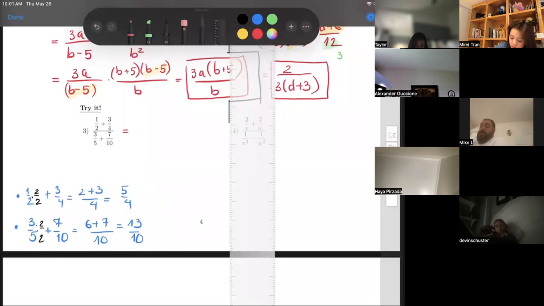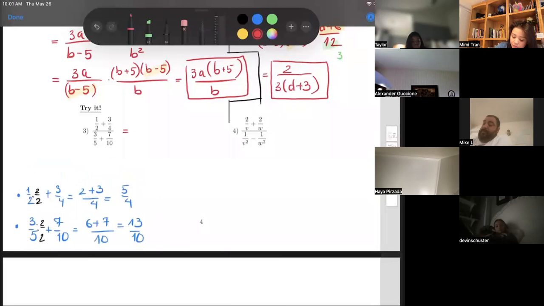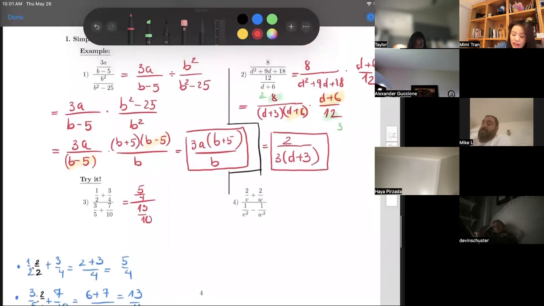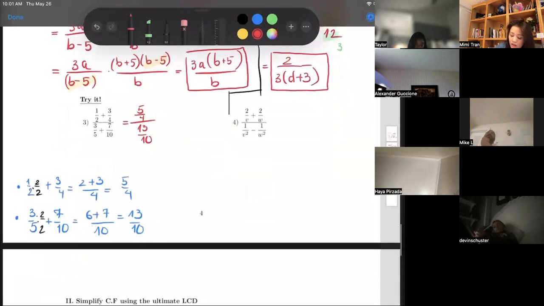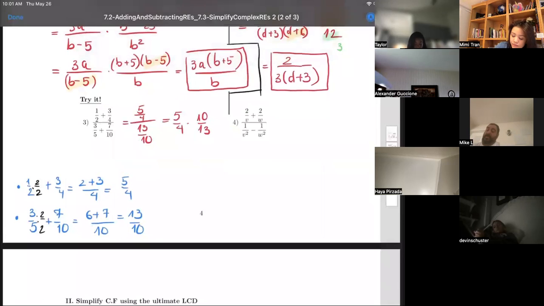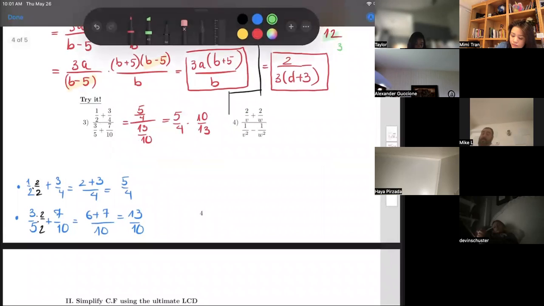Let me move this down a little bit. I need some space on the top. Now you have 5/4 divided by 13/10, and now we have the same thing as in number 1 and number 2. All you do is flip and multiply, so it equals 5/4 times 10/13. 4 and 10 simplify, giving 5 here and 2 there.